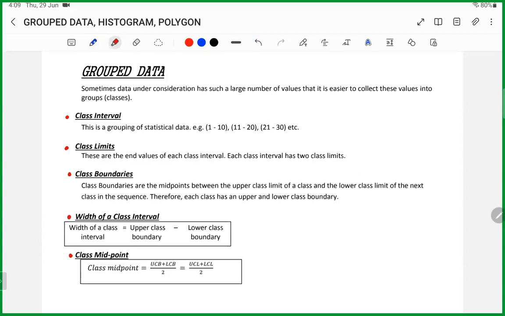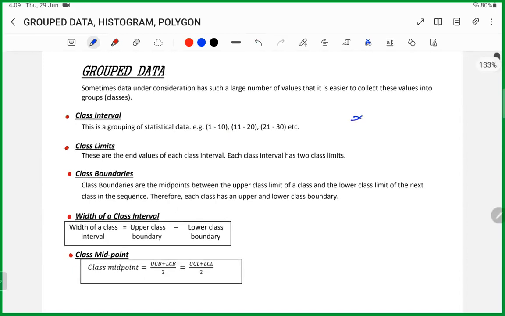Okay, so let's start. Class intervals. Each grouping is a class interval. And then the numbers that you see, if you have the class intervals like this, are class limits. Now, sometimes, especially in newer years, you might see the intervals looking a little bit different.